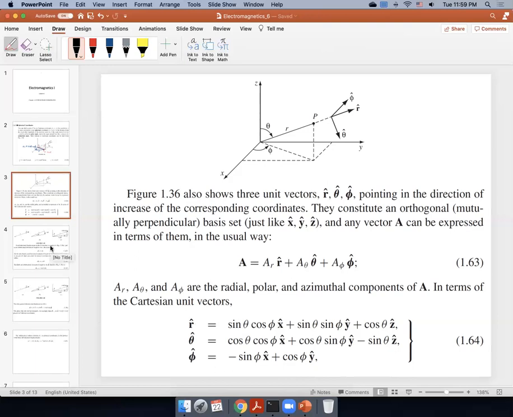Because in homework or, let's say, exams, you're allowed to use some equations in the textbook. If you need those equations, you can write them down on a cheat sheet so that in the future, you can easily refer to them. And of course, you're encouraged to try to derive the expressions of the r, theta, phi unit vectors by using the x, y, z vectors. If you have time, you can do it.